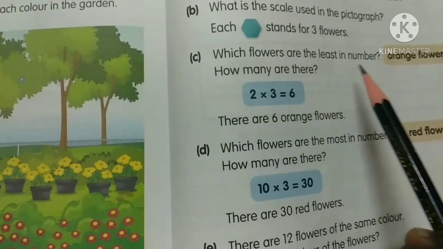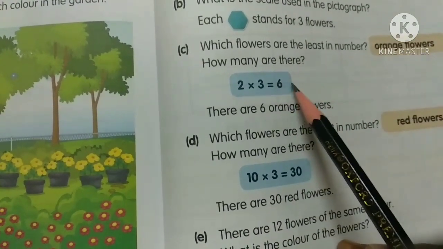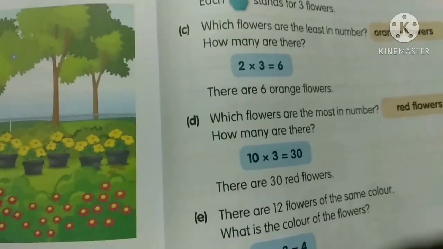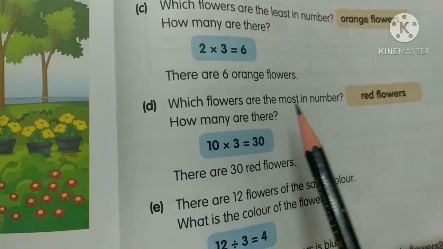Orange. How many? One picture represents 3 flowers. 2 pictures, 2 3s are 6. Which one is least in number? Orange flowers. There are 6 orange flowers. Then which flowers are the most in number?